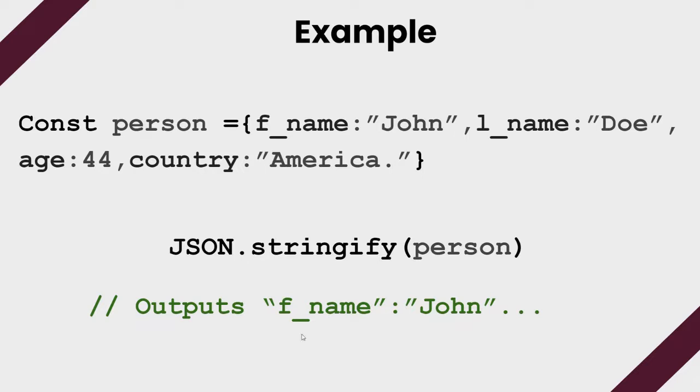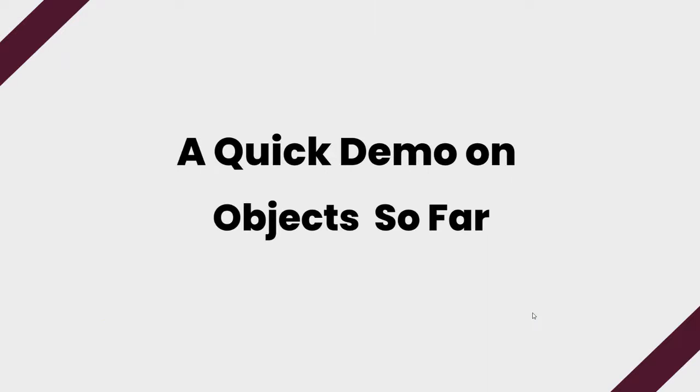You can see here we already have f underscore name. Now it's a string since it's in double quotes, and it still holds the string of John. And these dots here actually mean that it continues all the way, as we all know. So without wasting time, let's quickly try out all these things we've seen this morning.